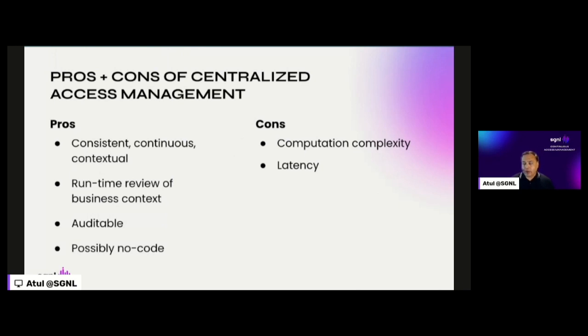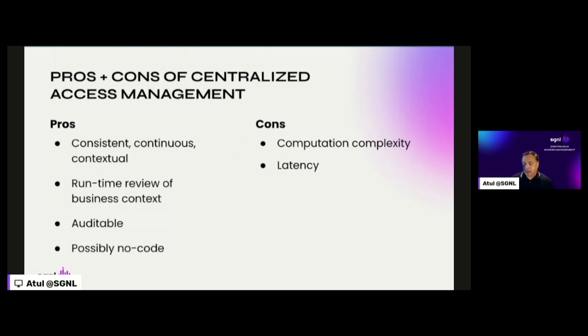So if anything changes about your policies, let's say your policy is that only users who have been assigned to a certain support ticket can have access to that particular customer who is identified by the support ticket, right? If that is the case, then as that support ticket assignment changes, your access is going to change. And so that is the continuous part.